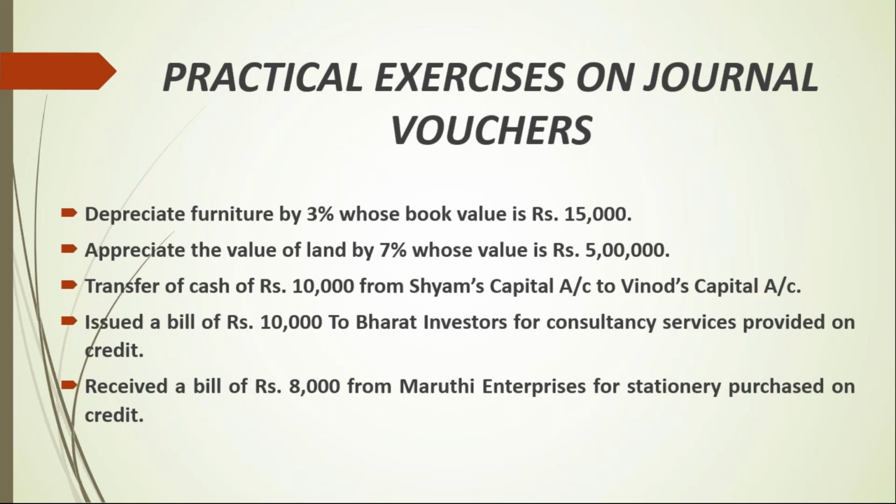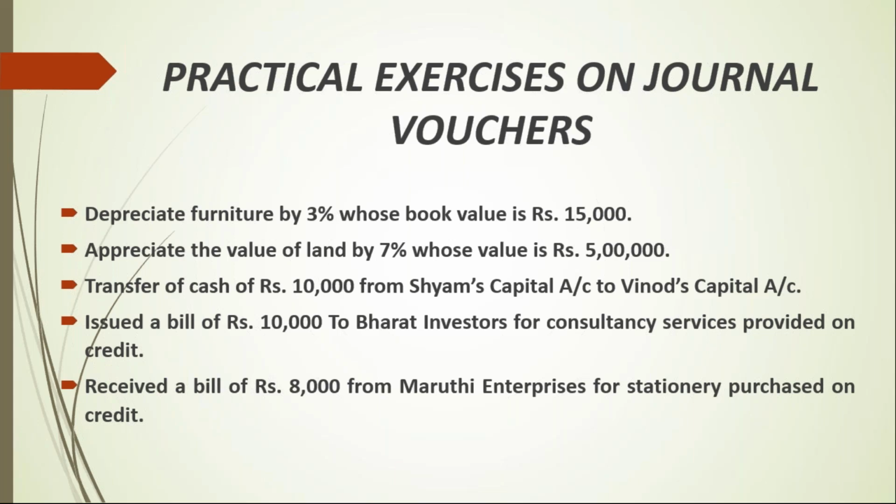Now, one is clear, Bharat Investors. Next ledger we have is consultancy services. Now, consultancy services ledger has to be created under which group? One we have made clear. The second one is a direct income, or it can also be categorized under indirect income. Anything holds good, but it is an income for the company.